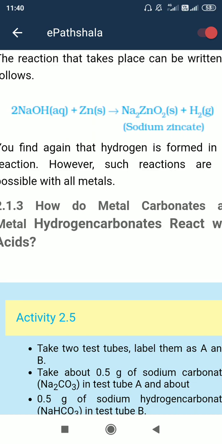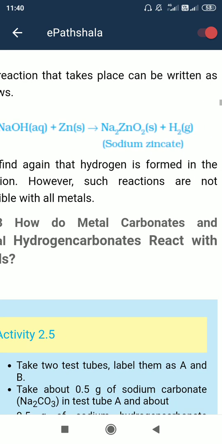You can see here in bracket after sodium hydroxide it is written AQ, meaning aqueous. Aqueous means aqueous solution. When sodium hydroxide is dissolved in water, then it is in aqueous form. And after zinc, it is written S, meaning solid state.